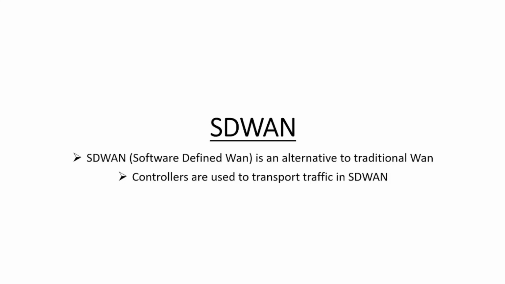The controller plays a pivotal role in routing the traffic, not only the ISP. Previously, the old WAN routed the traffic through the ISP network separately, say one for MPLS, one for VPN. Now it is a centralized approach. The controller is a centralized approach to route traffic in the WAN.